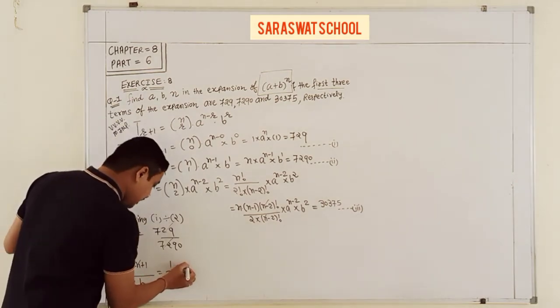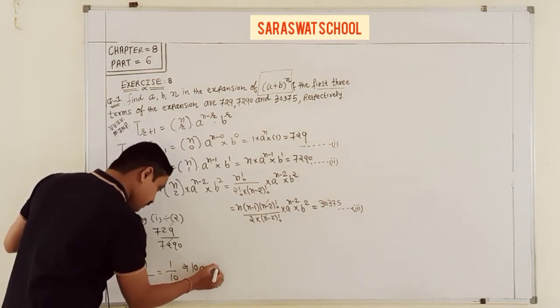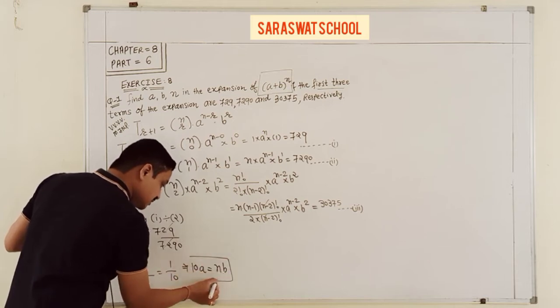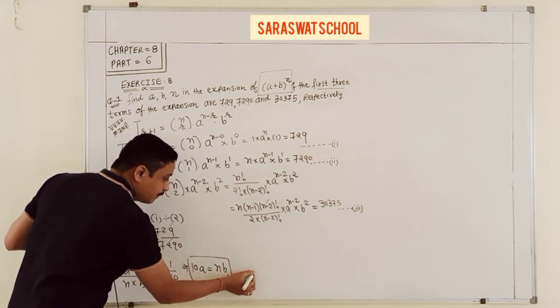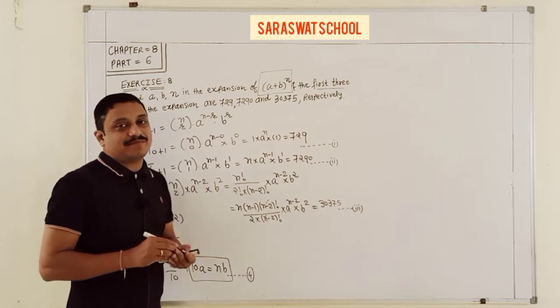So you have only 10a is equal to nb, statement number 4. That's my first step ending.